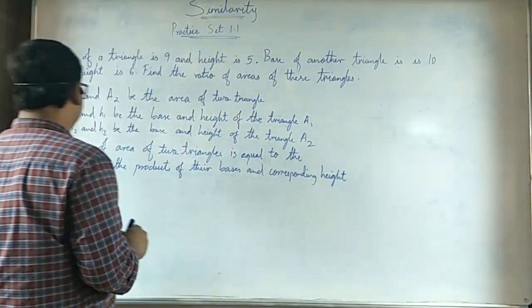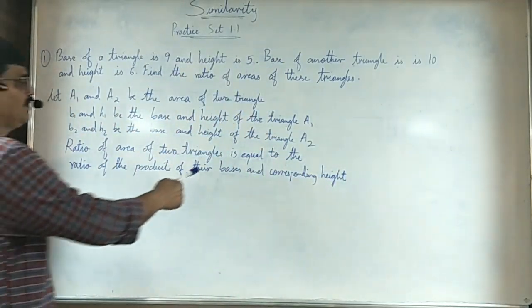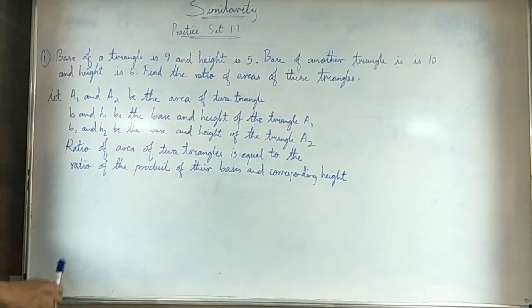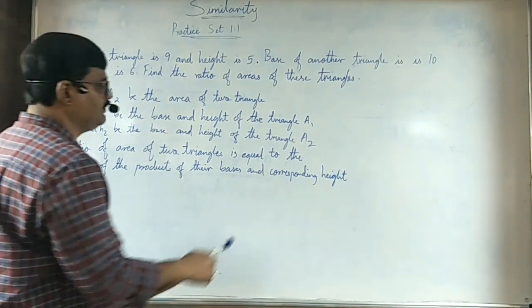So you have to write the property: the ratio of the areas of two triangles is equal to the ratio of the product of their bases and the corresponding heights.